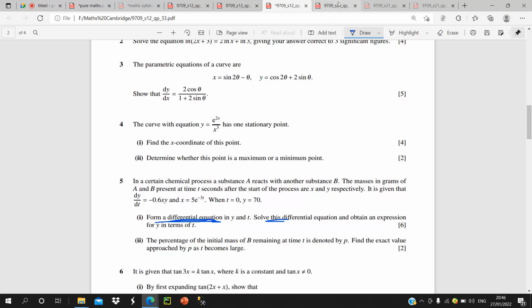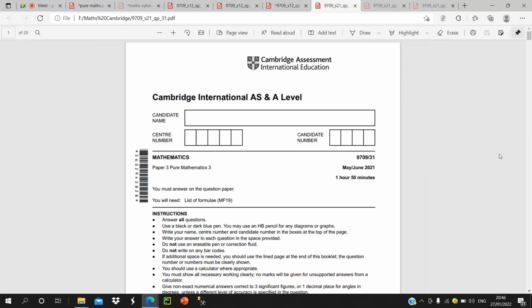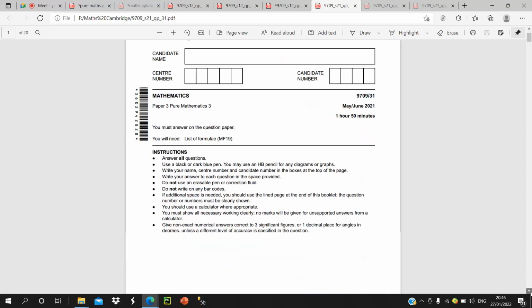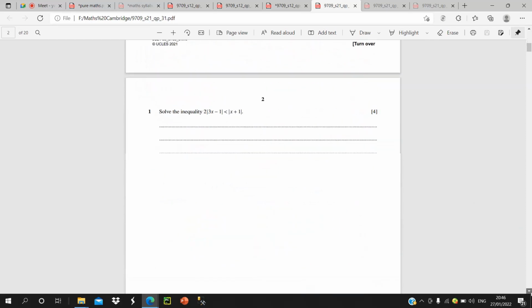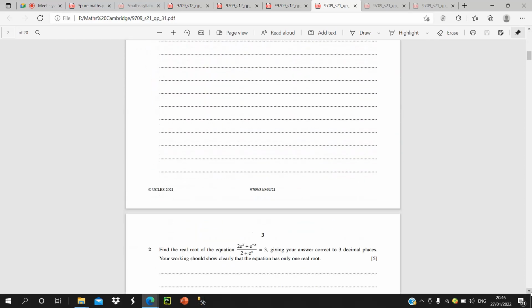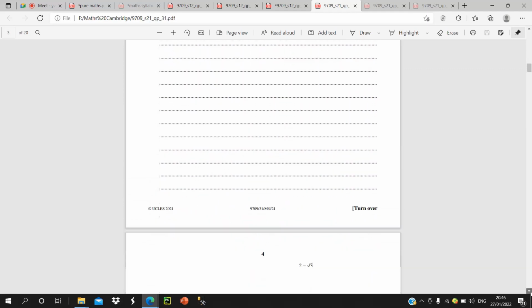Let me see if I can have the other one. So for 2021, let's see, May, June 2021, what do we have for that paper?